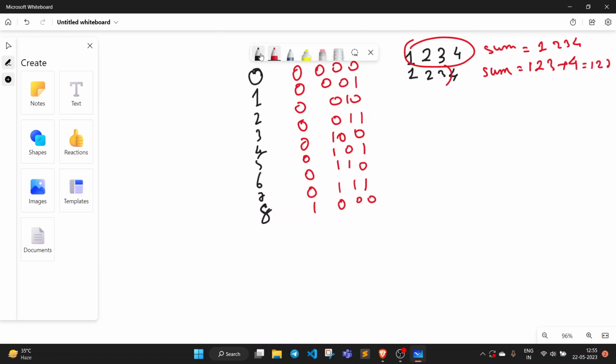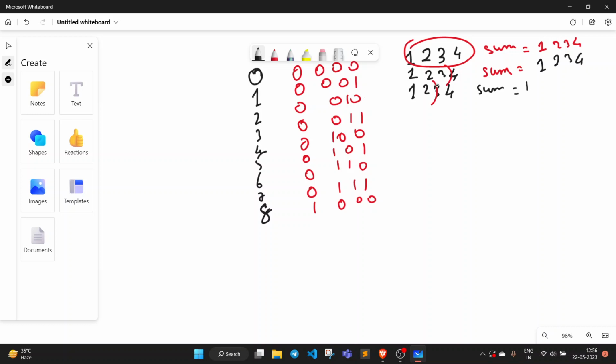Now again 1 2 3 4. So a partition ends at 3. This means sum equals to, okay, sorry, I made a mistake. In the last one, our partition ended at the fourth position, right? So again, 1 2 3 4.